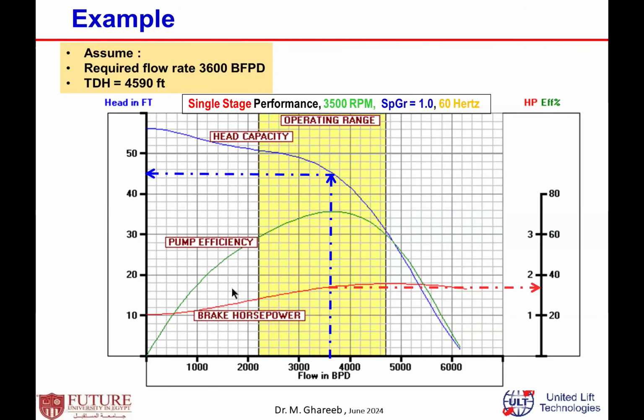And this pump, if you look, runs almost at the peak efficiency. It's a little bit over 70% at the peak efficiency. This is just a very simple technique for how you calculate the number of stages, the brake horsepower or horsepower required per stage, the total number of stages, and the total required horsepower, and so on.